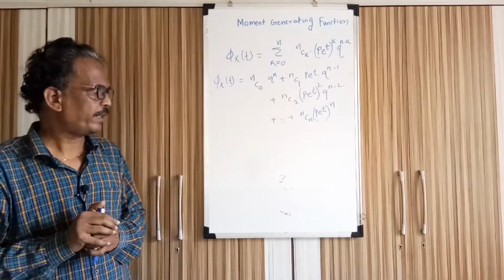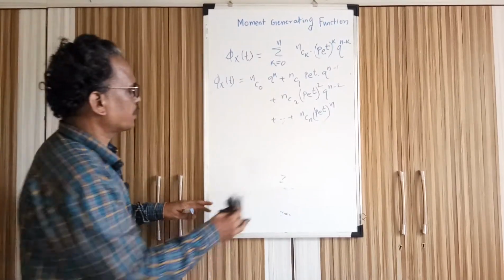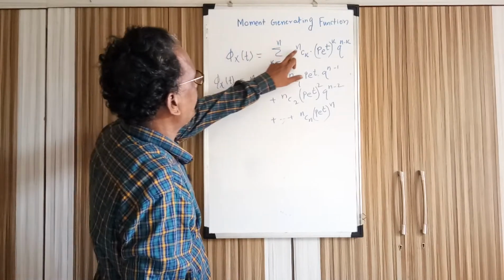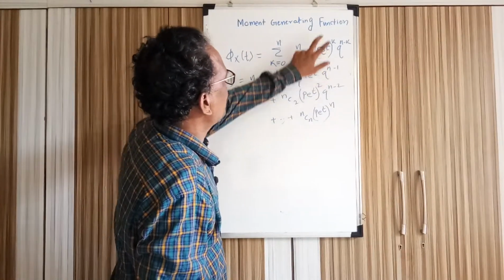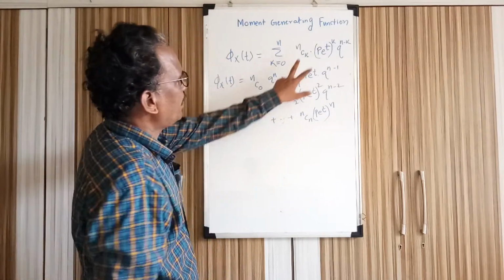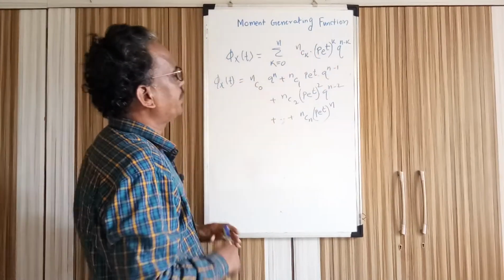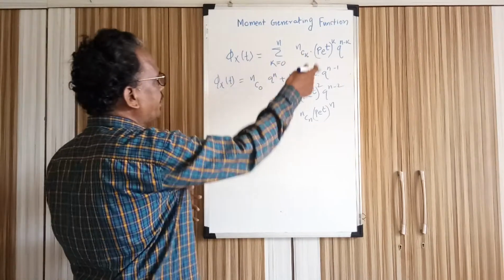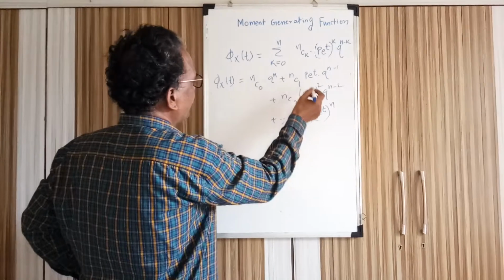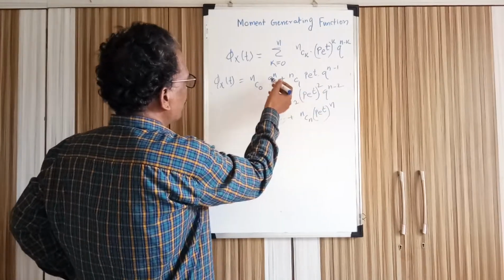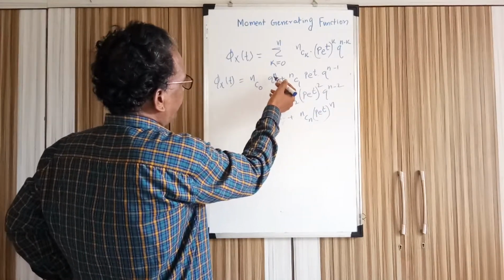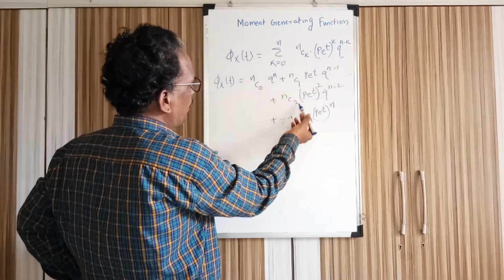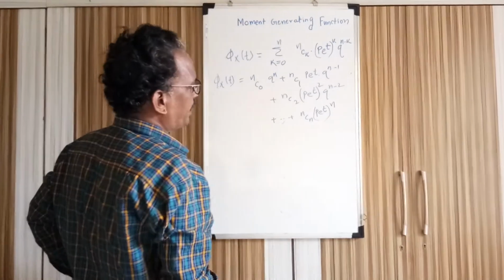After expanding, phi x of t equals the sum for k equal to 0 to n of n c k (p e^t) raised to k q raised to n minus k. It is just like a binomial expansion of a plus b raised to n: nc0 a raised to 0 b raised to n, then nc1 a raised to 1 b raised to n minus 1, nc2 a square b raised to n minus 2, and so on.